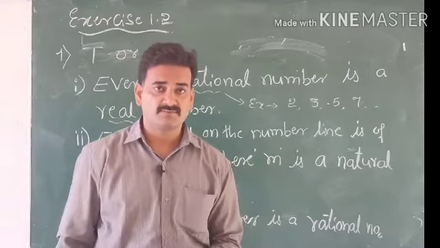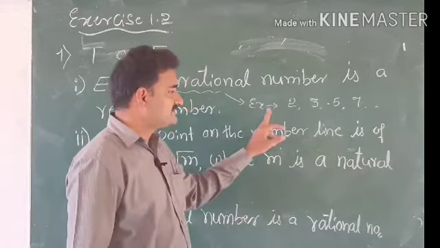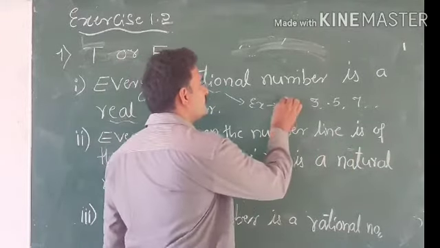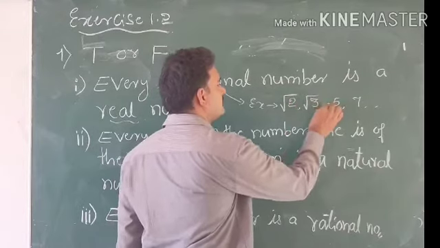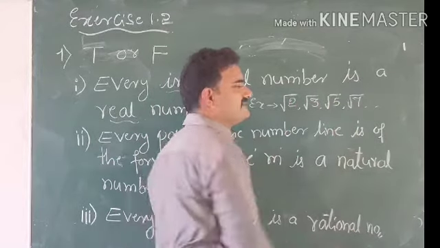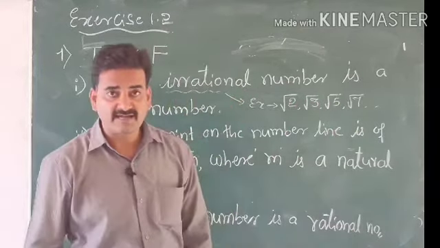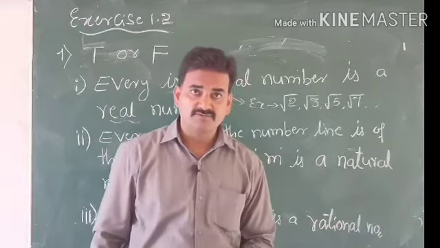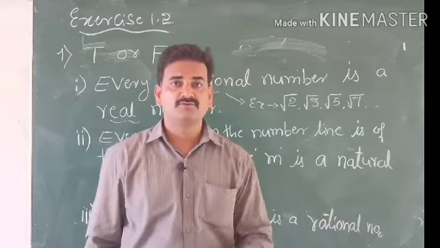So many prime numbers are there. If you take a prime number with a root, these are all examples of irrational numbers. We cannot put these numbers in the form of P by Q.